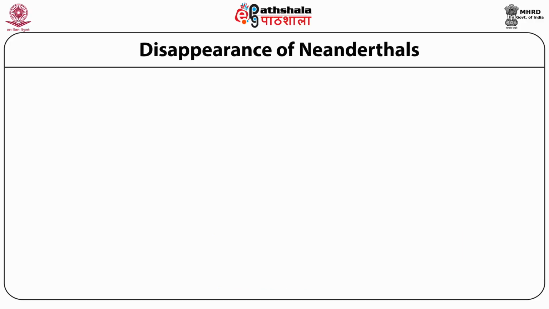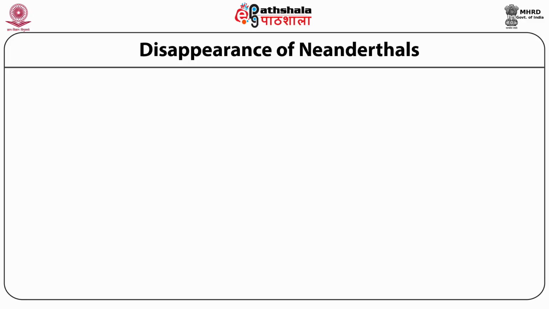Disappearance of Neanderthals. The exact date of their extinction had been disputed. However, in 2014, Higham of the University of Oxford performed the most comprehensive dating of Neanderthal bone and tools ever carried out, which demonstrated that Neanderthal died out in Europe between 41,000 and 39,000 years ago.